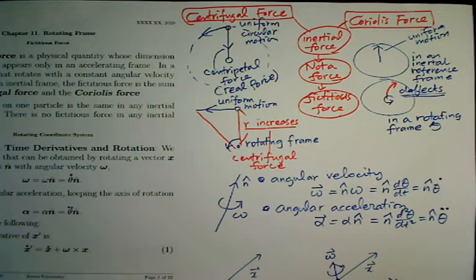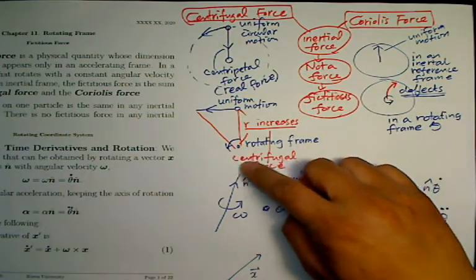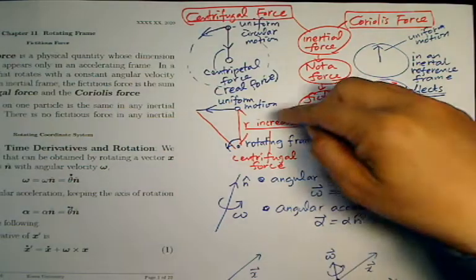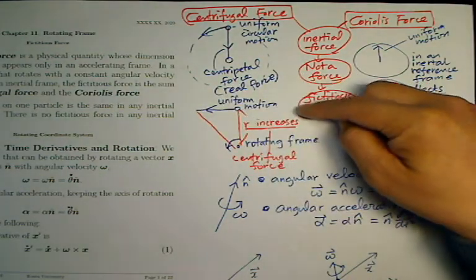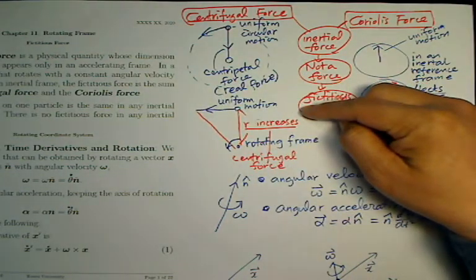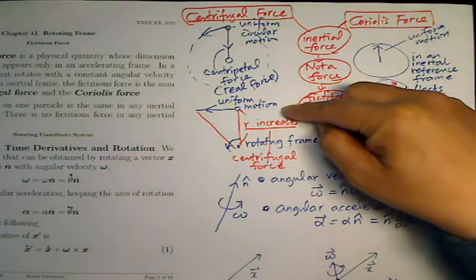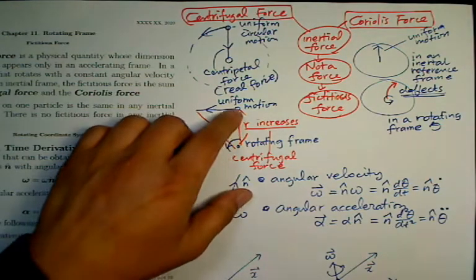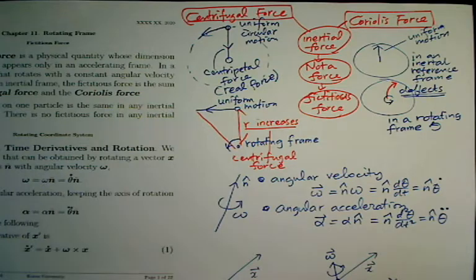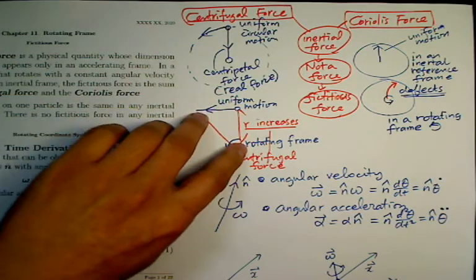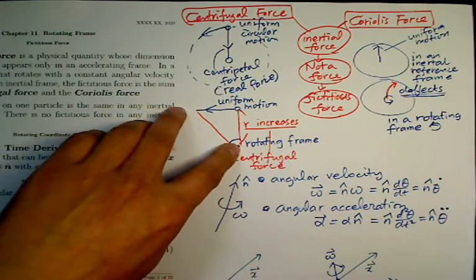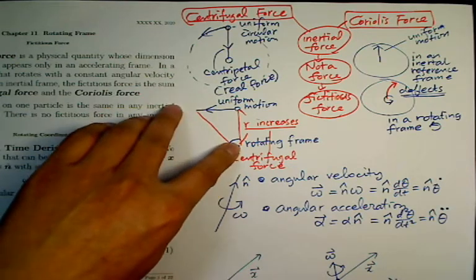Instead, we consider a frame that is rotating. In that frame, a particle under no force, a free particle, is moving in a straight line. In that case, according to the radial components, because the frame is rotating, the particle's distance from the center increases.